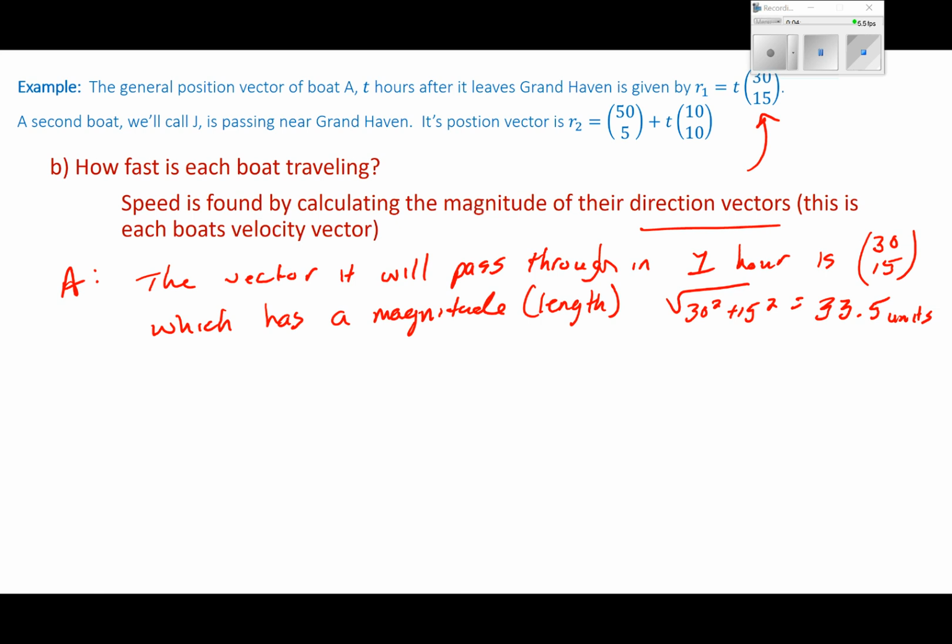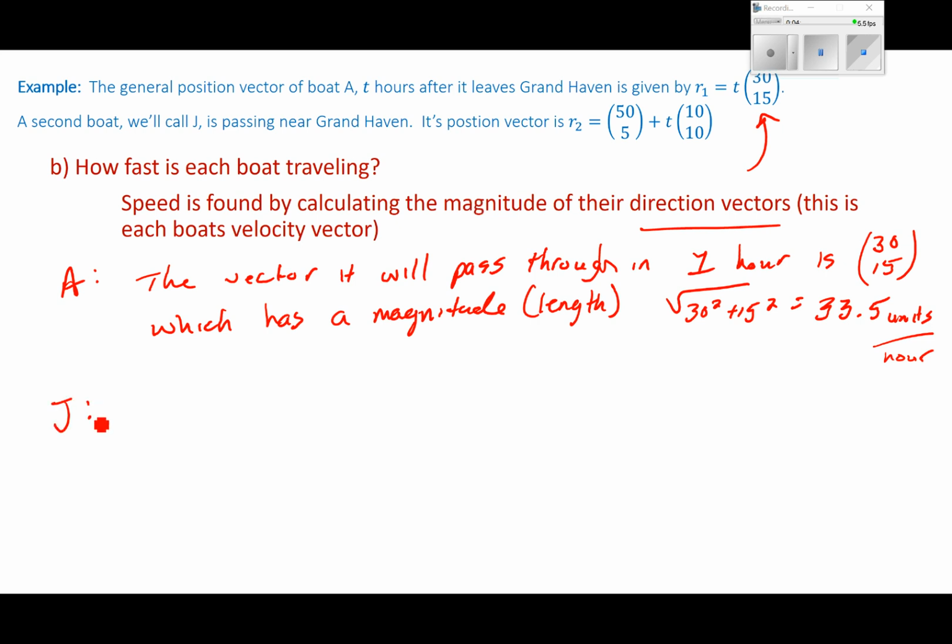That was in 1 hour, so we would say 33.5 units per hour. The magnitude of the length per hour is the speed. So the speed is 33.5 units per hour.